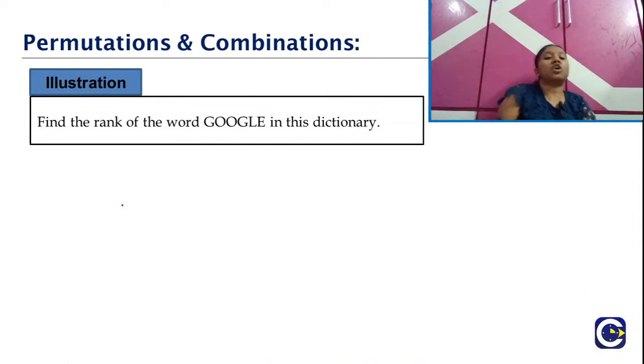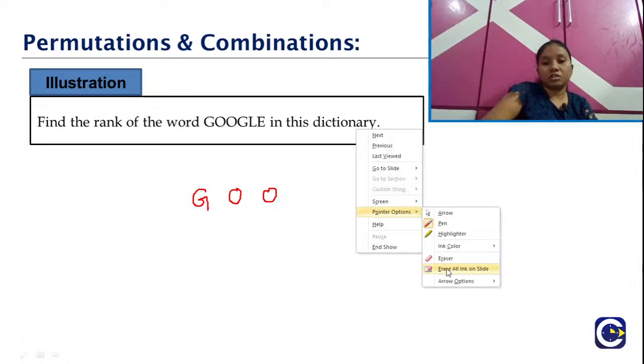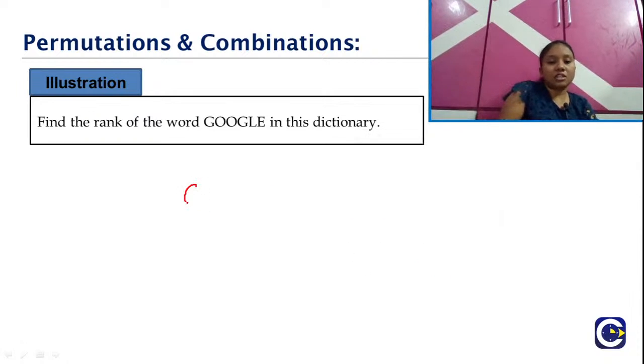Find the rank of the word GOOGLE in the dictionary. Now you can identify that in GOOGLE there are repetitions of the alphabet. So try and find the rank of this word GOOGLE.